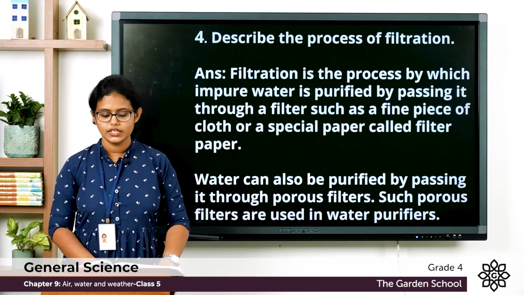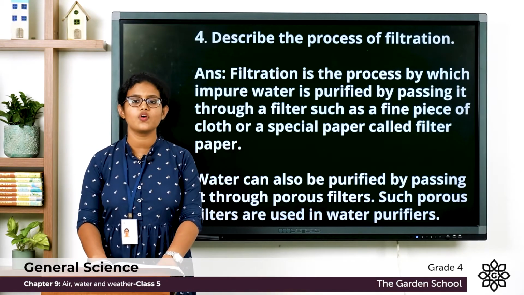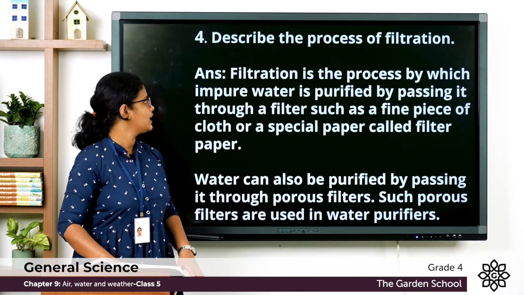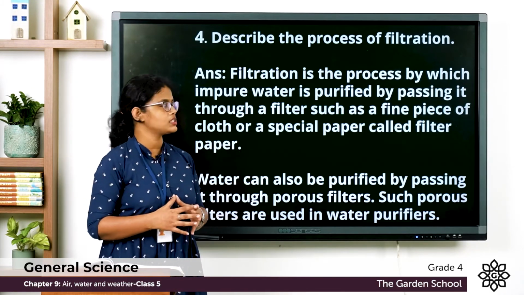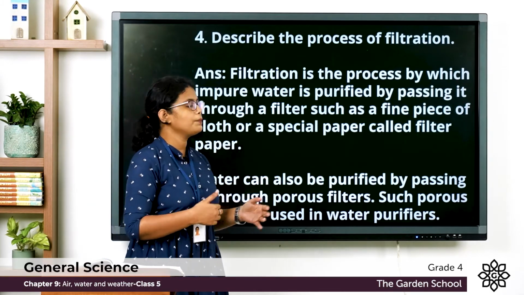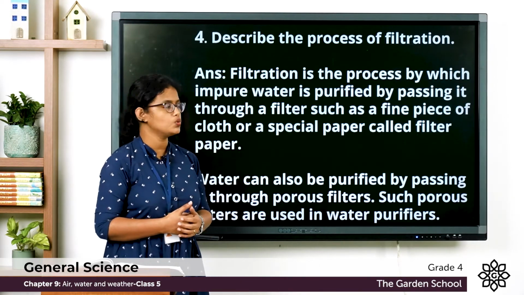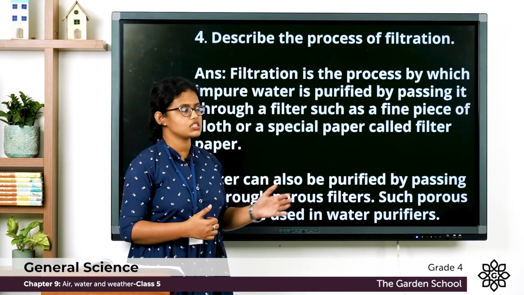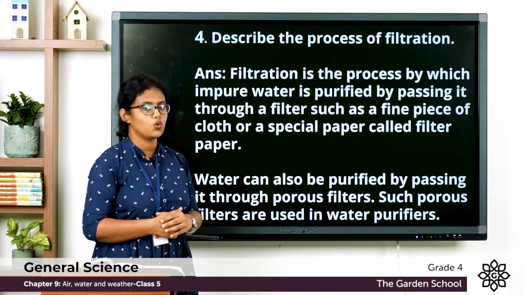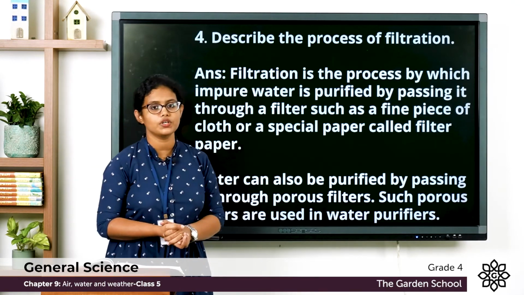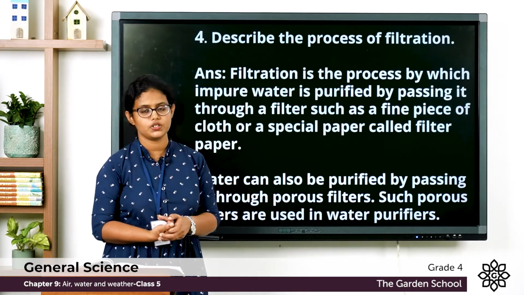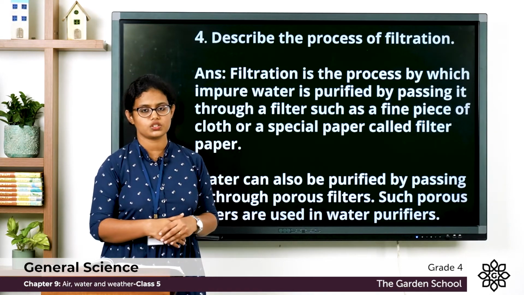Fourth one, describe the process of filtration. Filtration is the process by which impure water is purified by passing it through a filter such as a fine piece of cloth or special paper called filter paper. That is called filtration.